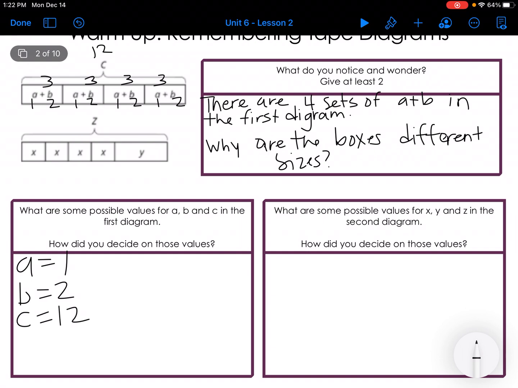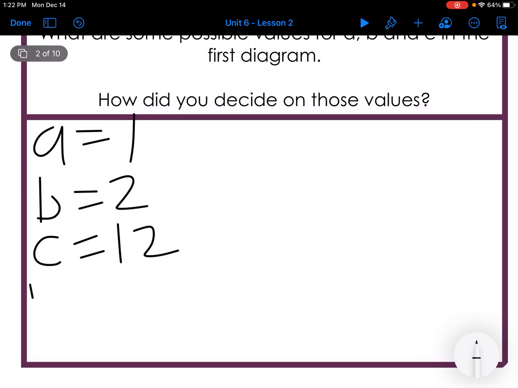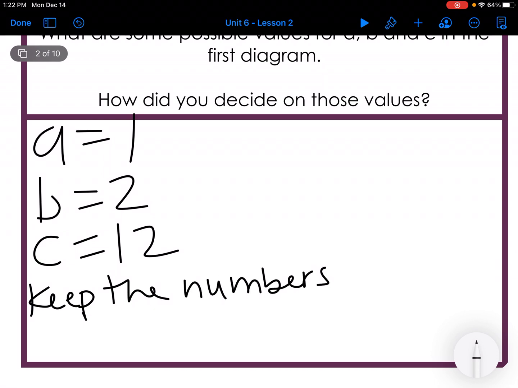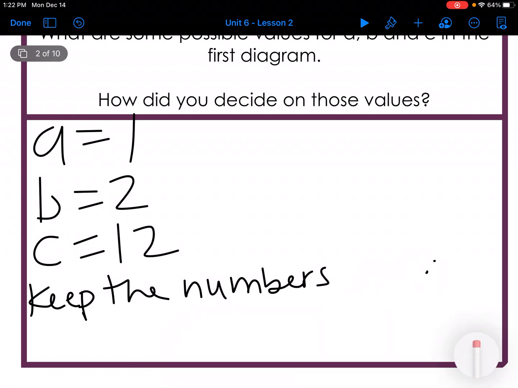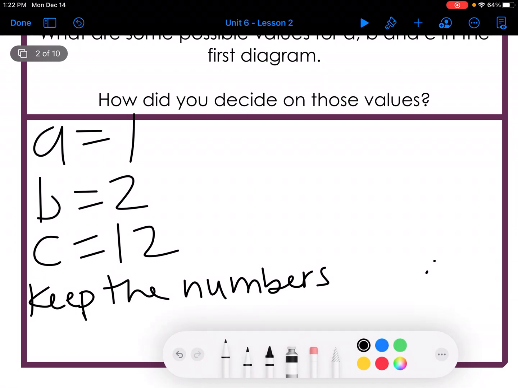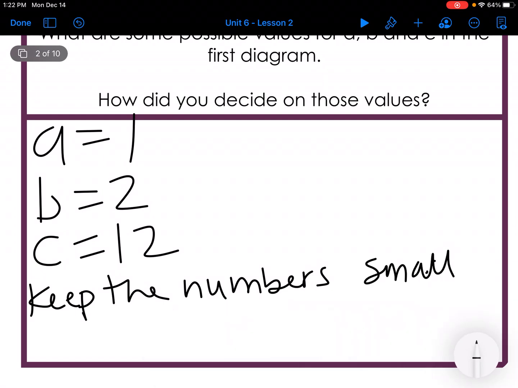How did I decide on those values? I kept the numbers small. And I evaluated. I didn't spell small right. So evaluate's just a fancy way for plugging in or replacing.